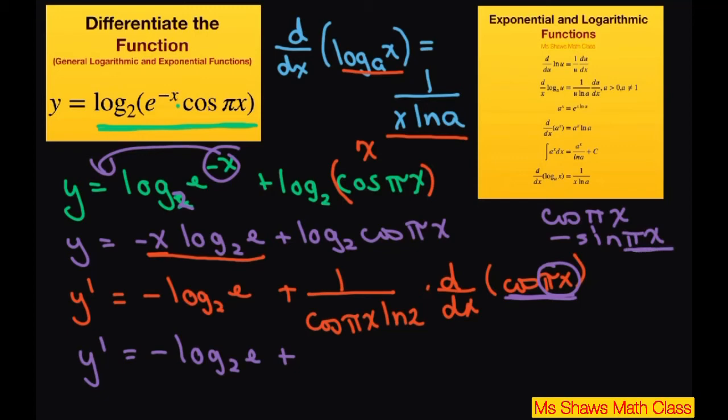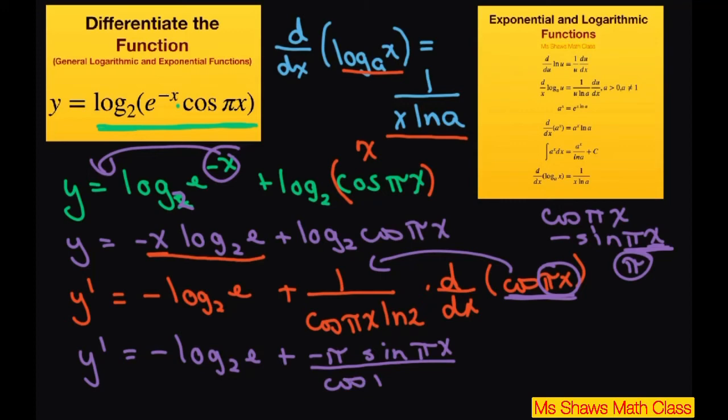Then you have to take the derivative of the inner part, and that's going to be pi, because the derivative of x is just 1. So basically what we're going to get is plus negative pi times sine pi x, I'm just moving this up here, divided by cosine pi x ln of 2.